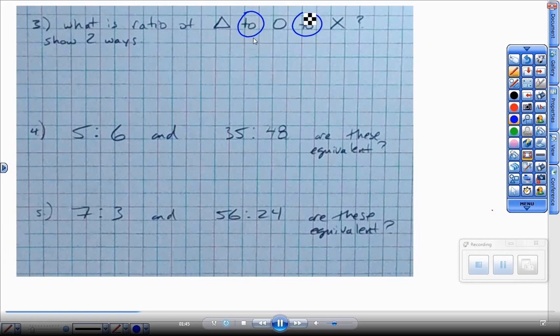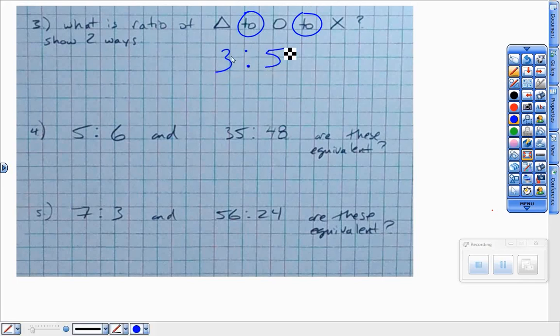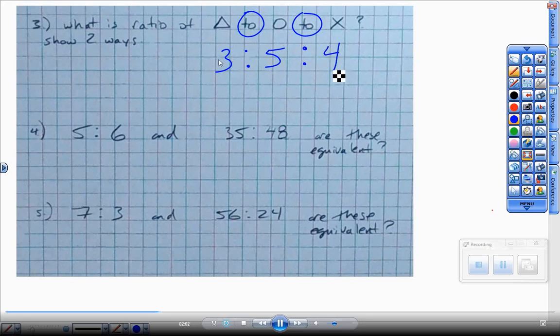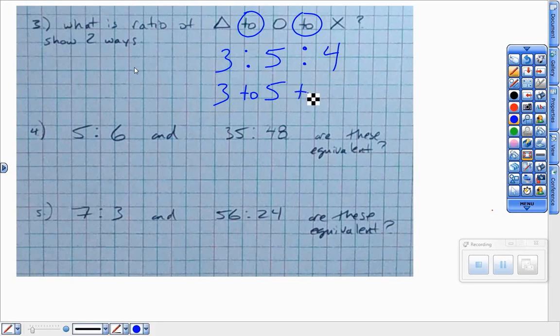So that's 2 colon marks. You're not going to be adding anything in there. So for this one, you're going to compare a number of triangles to my number of circles to my number of X's. Nothing adding there. And then another way of writing that is just 3, 2, 5, 2, 4.